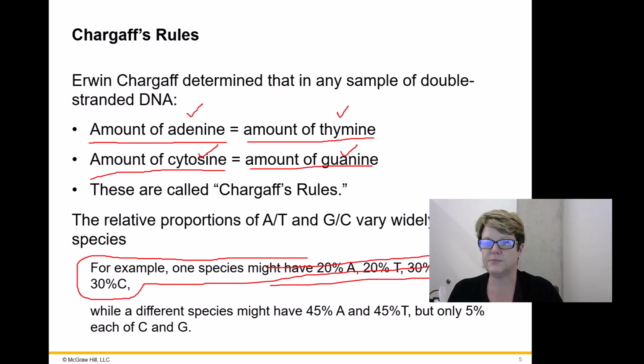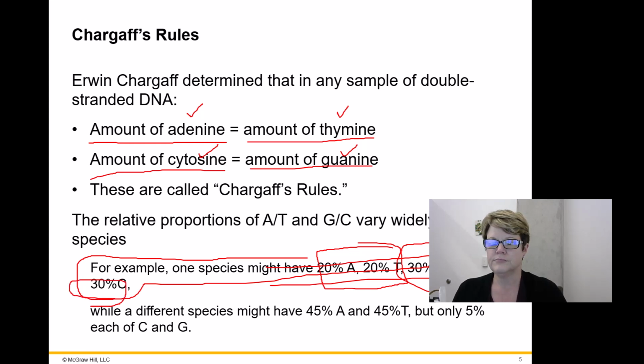For example, one species might have 20% adenine, 20% thymine, 30% guanine, and 30% cytosine. So it doesn't matter what the numbers are, as long as the amount of A always equaled the amount of T. That was the pattern he was seeing. And then however much G there was also that equal amount of C.